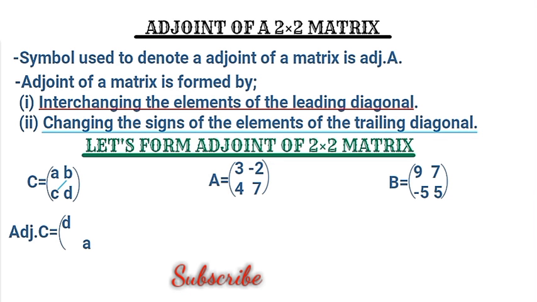B is positive, and C is also positive. Both will become negatives. So we write them like this, negative B and negative C. Thereafter, we close the brackets, and that is the adjoint of matrix C. As you can see, the difference is in the leading diagonal, where the one which was down is now on top.